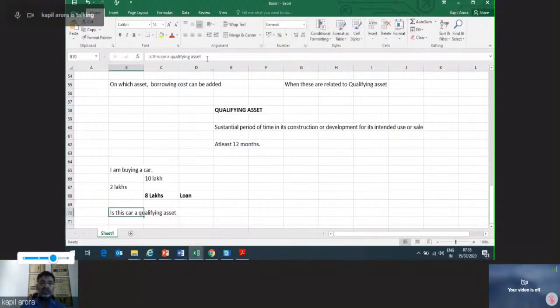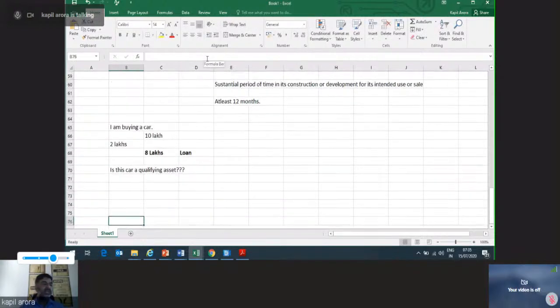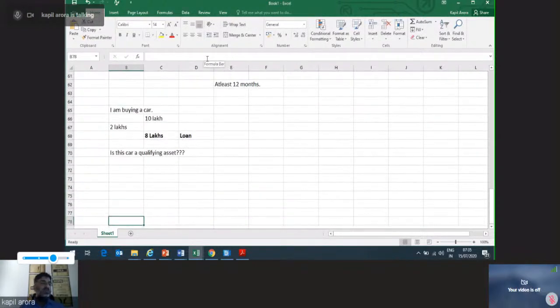Is this car a qualifying asset? Is the car going to take more than 12 months in its manufacturing, in its construction? Can it be considered a qualifying asset? The car which we have bought is ready for use, so it is not a qualifying asset.